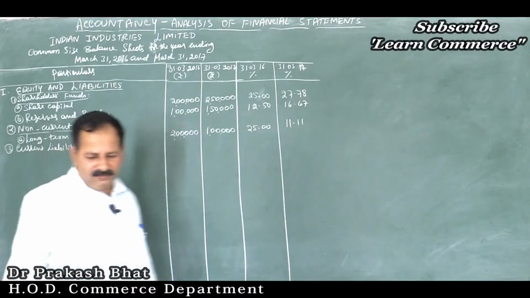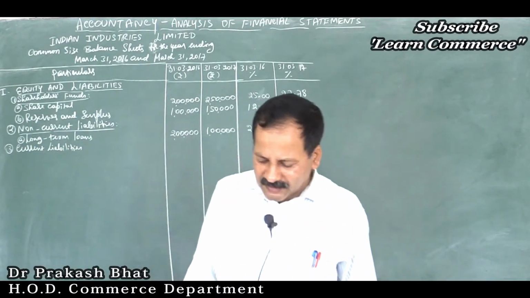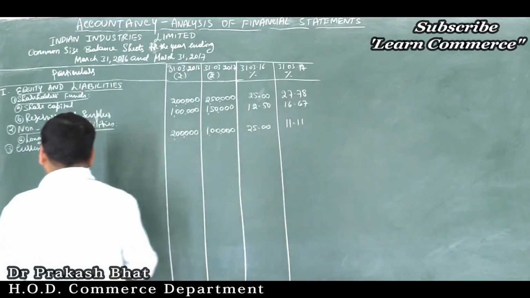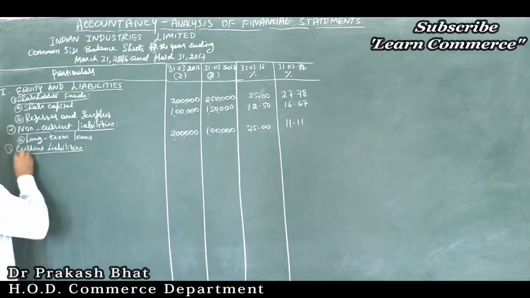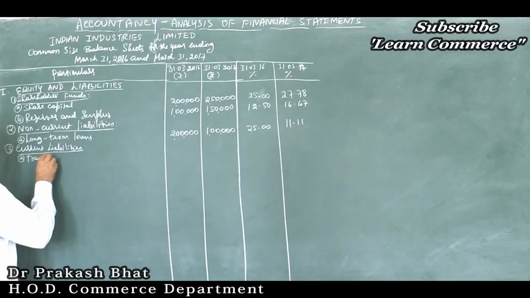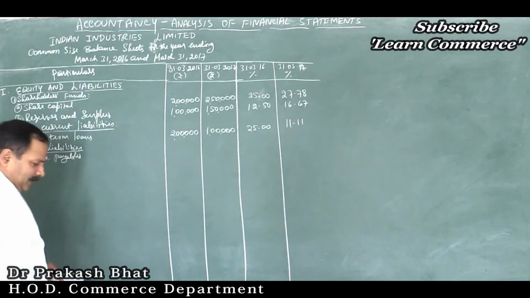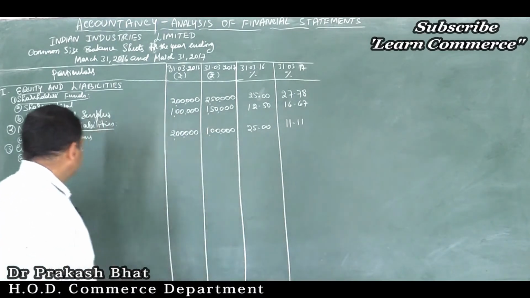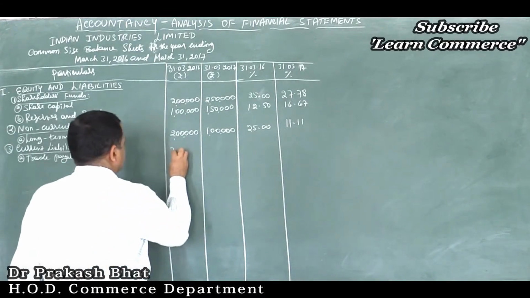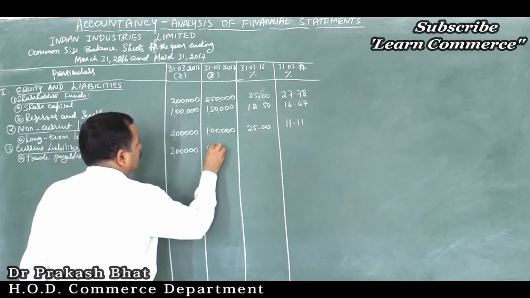Under that nothing is mentioned, but trade payables are given, so trade payables come under that. Point A, trade payables. Write the amount: 3 lakh and 4 lakh.